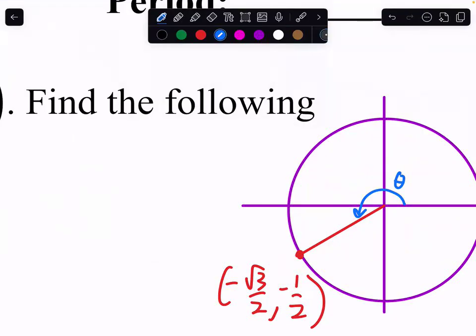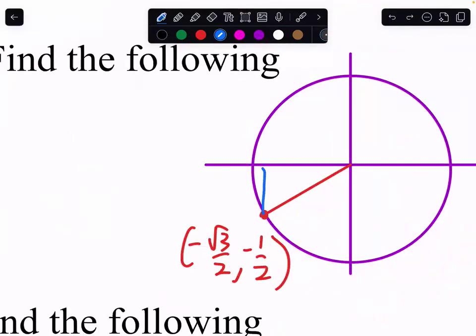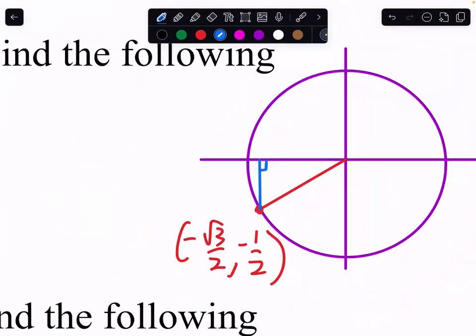The way that I would approach this, I would draw in the right triangle as usual by going vertically to the x-axis. Let's go ahead and label the sides. We know the x-coordinate would be this side. We know the y-coordinate would be this side.